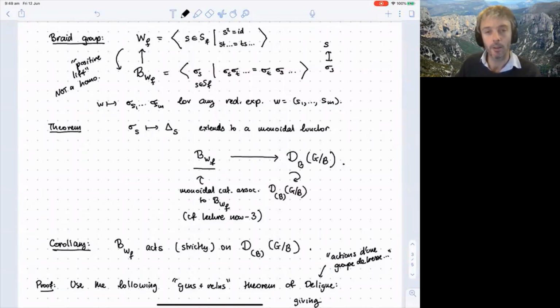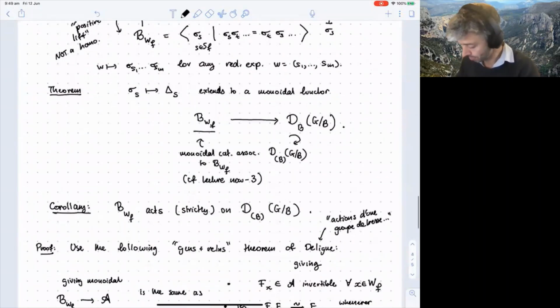And what this theorem is saying is that these positive lifts of Weyl group elements provide a small enough skeleton on which to define this action. So these f of x's below are precisely the images of the positive lifts of the Weyl group.